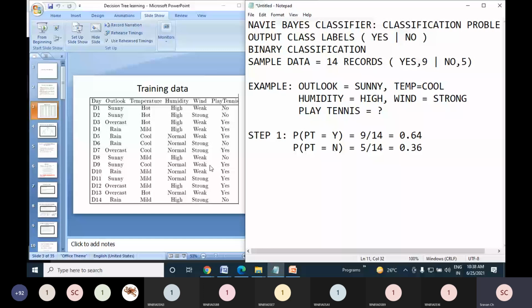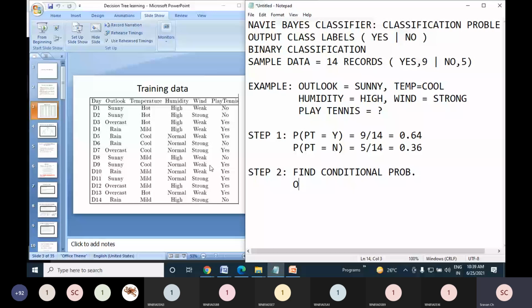I need to find conditional probability. Conditional probability of playing tennis, by looking at our question. In my question there are some parameters. What is the parameter? Outlook is equal to sunny.